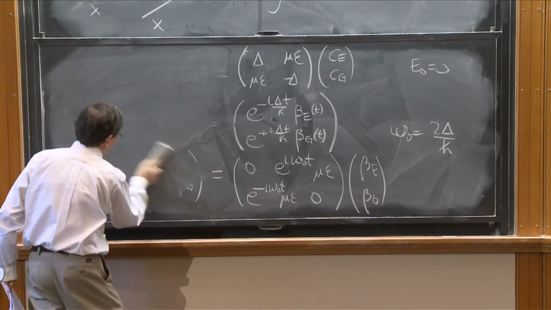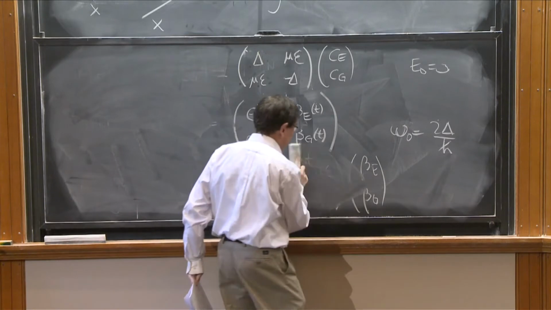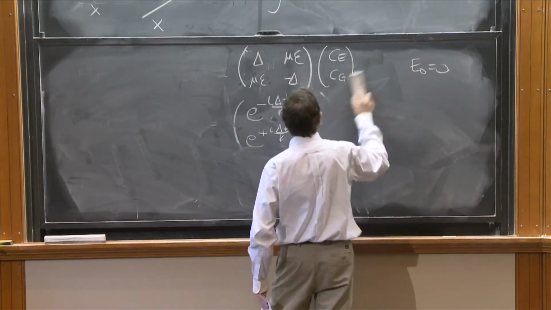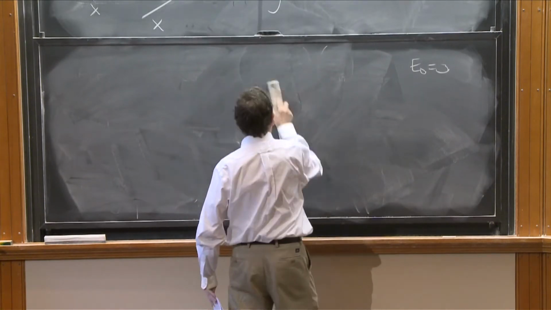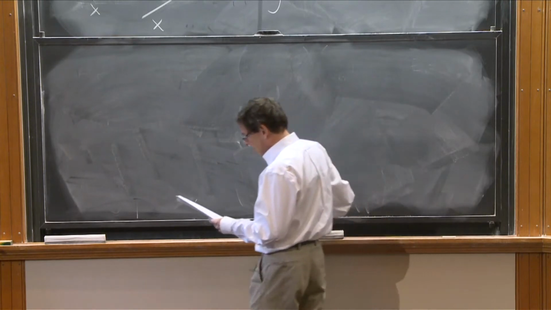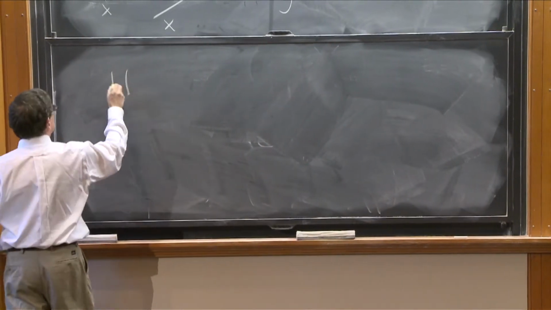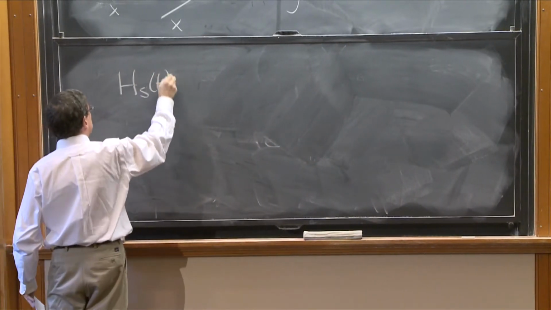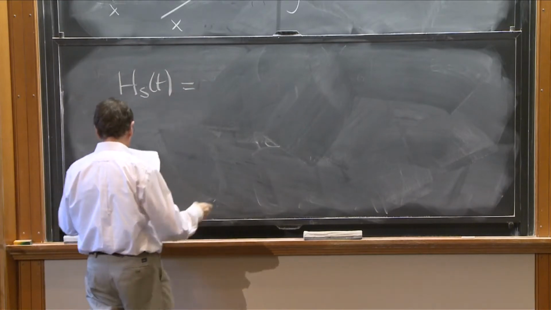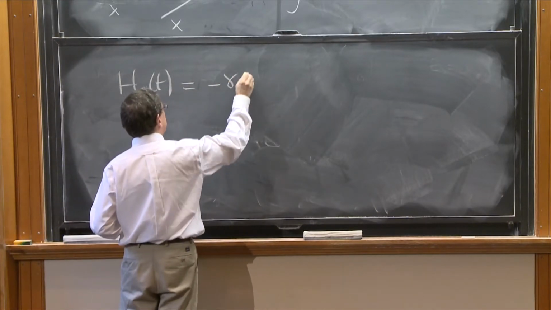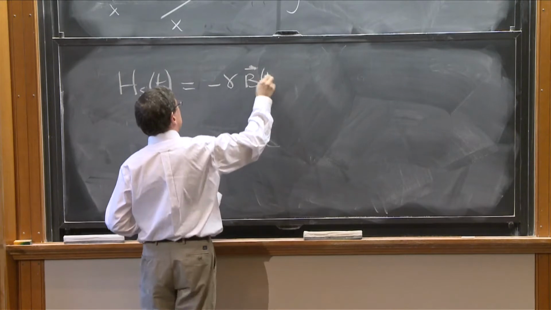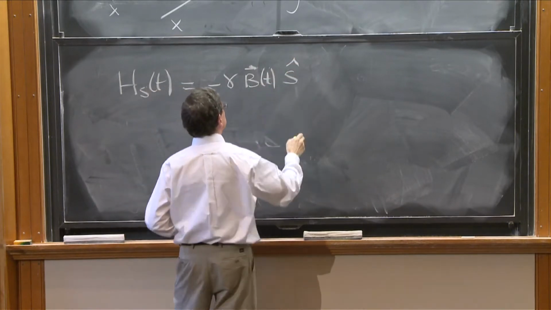And the magnetic field is time-dependent, so we're at risk of getting a time-dependent Hamiltonian. So what is the Hamiltonian? This possibly time-dependent Hamiltonian is supposed to be minus gamma B times the spin.